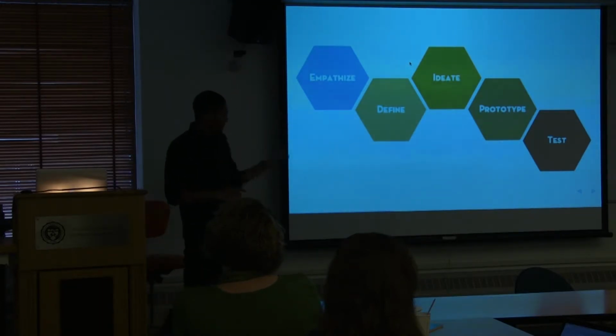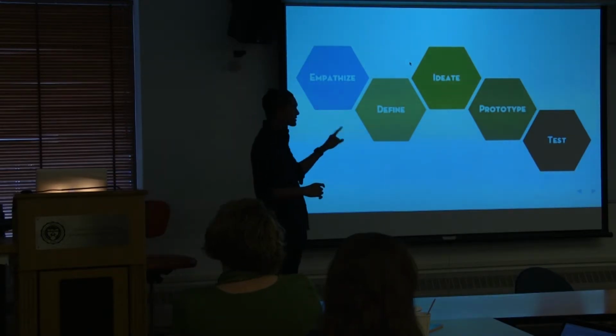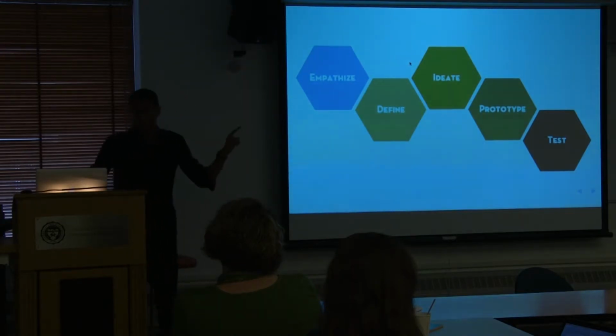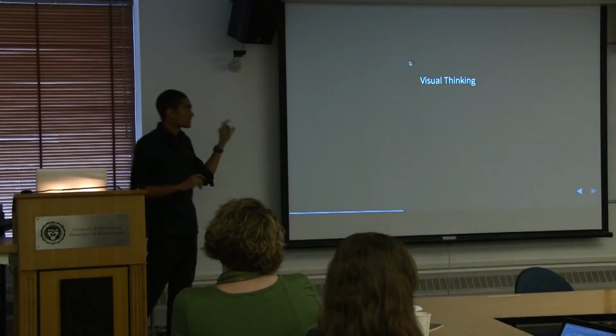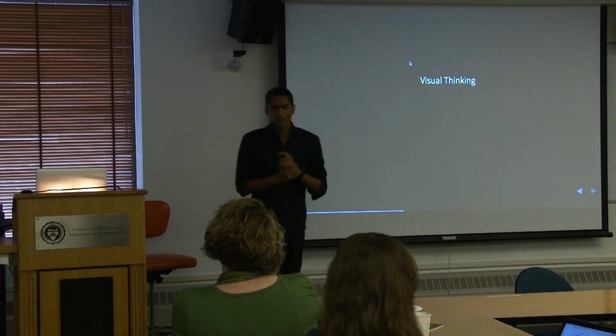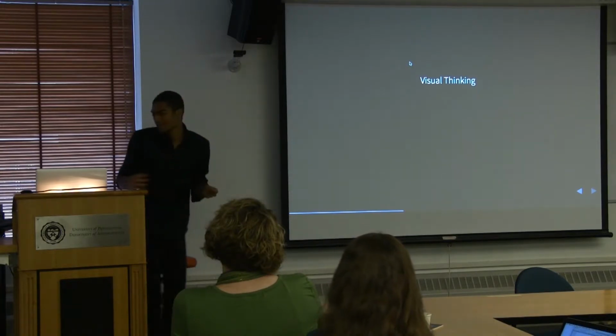And for our purposes here, I want to focus on the ideate and prototype phases. But I think what we see is that visual thinking happens throughout this entire process. And I want to return to Hillary Cotton, the designer behind the Circle endeavor.